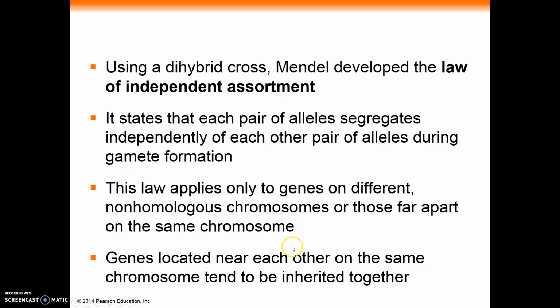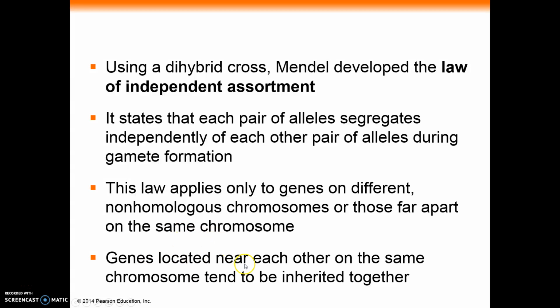So this law applies only to genes on different non-homologous chromosomes or those that are far apart on the same chromosome. When genes are close together on the same chromosome, it is unlikely that the recombination or the crossing over event that occurs during meiosis would actually separate those genes or separate those two different characters.